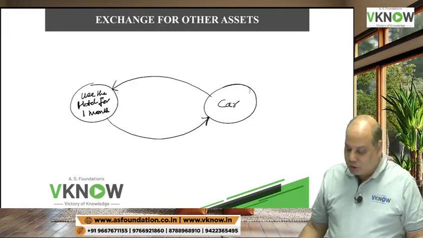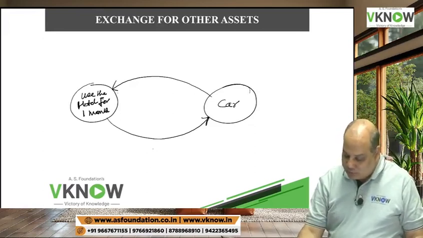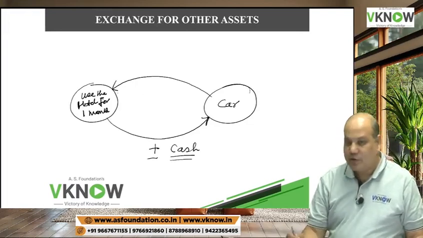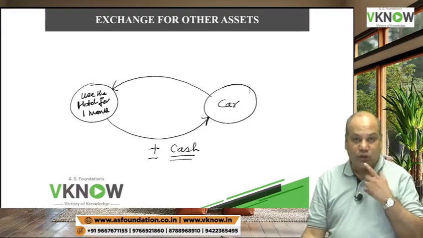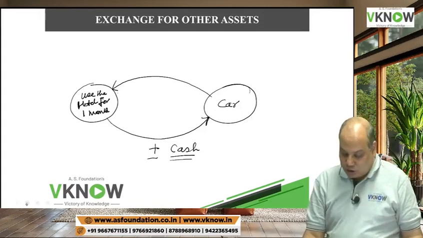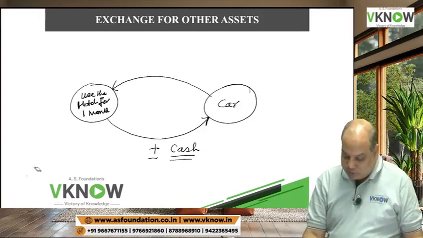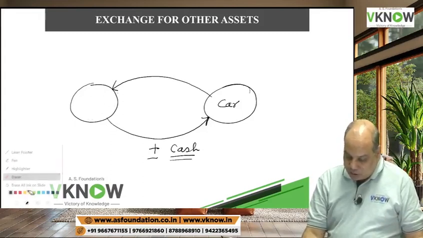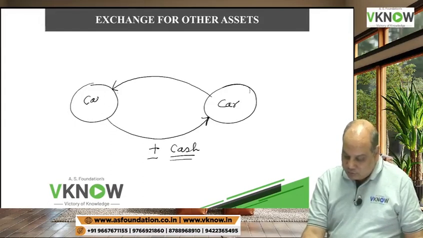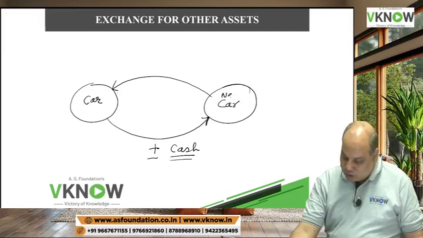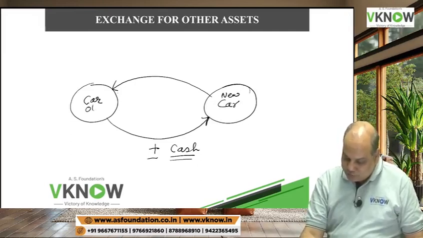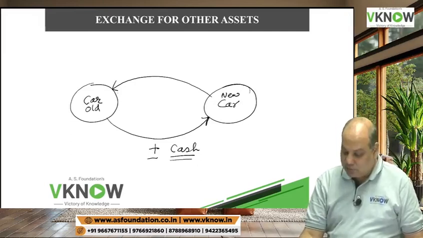Oh, and it is also possible sometimes that there may be an exchange of some cash also. Like when you go to purchase a new car. Recently I purchased an i10 car, okay? And I had an old i10 also. So new car purchased, old car given.